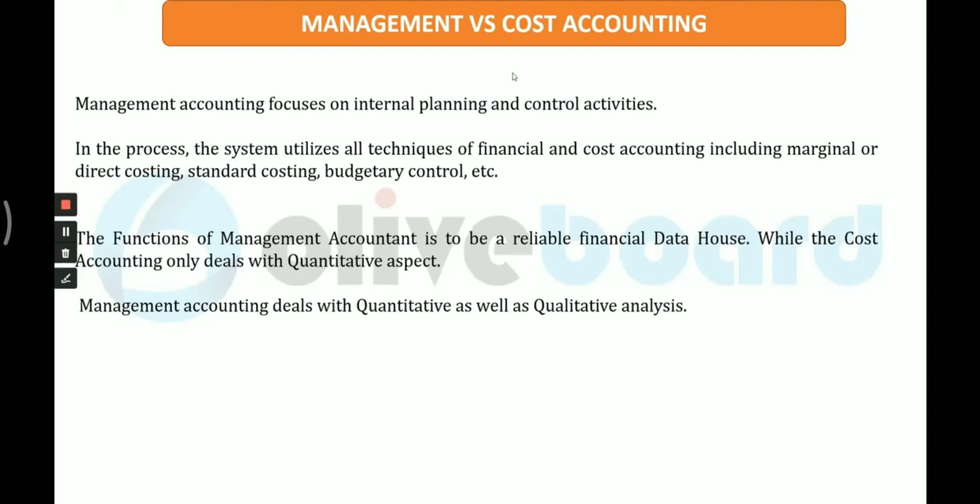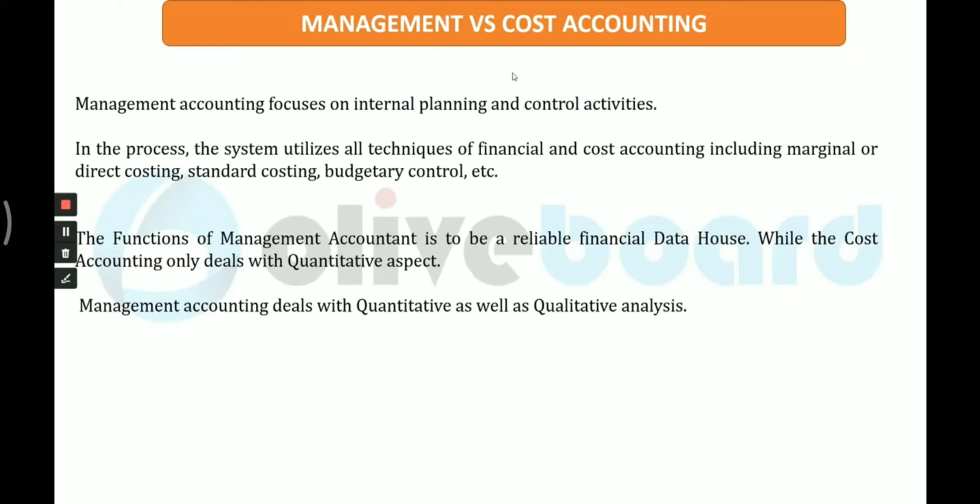They will set up the objectives for the organization. They set up the program or financial plan for the organization. It utilizes all the techniques, whether costing or financial. It takes everything, guys. That is called management accounting.